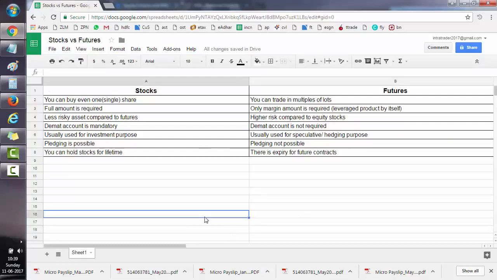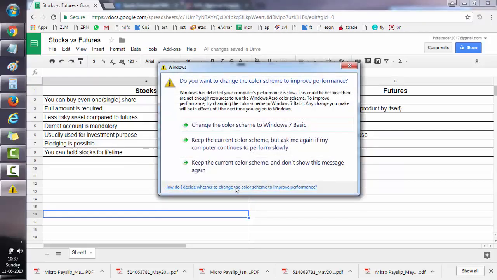The fourth point I'm going to tell is the Demat account. Since you are buying stocks, you have some ownership in that particular listed company. When you buy a stock for the long term, the stocks have to be transferred to a different safe locker, if you can say so.